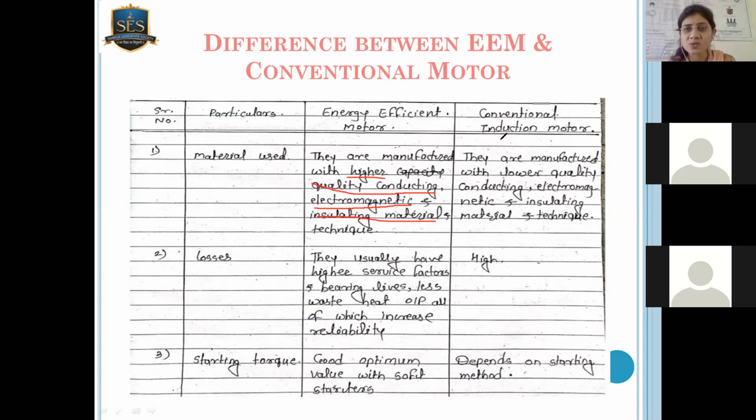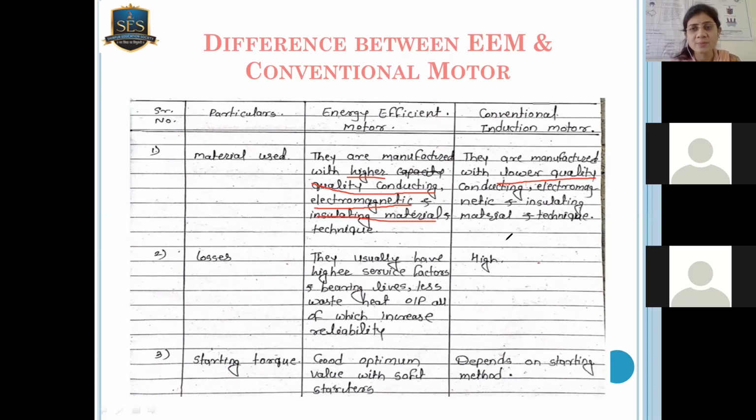But in the case of the conventional induction motor, these materials are of lower quality, with less conductivity and less insulating properties. Lower quality of material, it may be insulating, conducting and magnetic material.